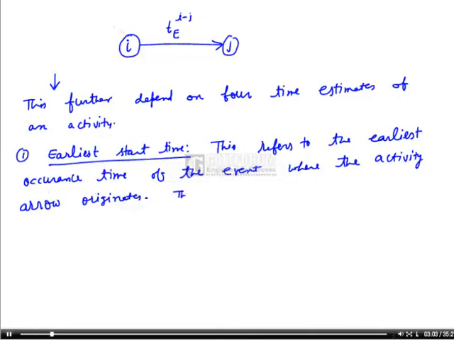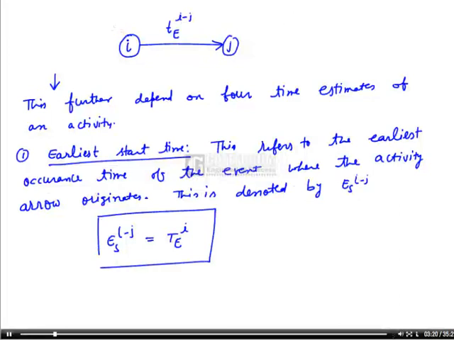This is denoted by ES I to j. So this ES I to j is the T of I, means earliest time estimate of the PERT analysis. So T of I, this is the earliest start time.